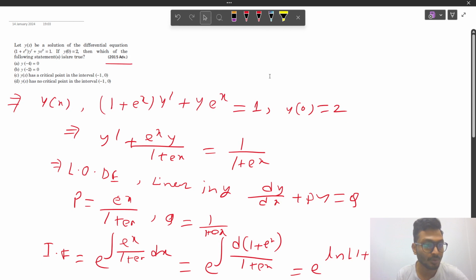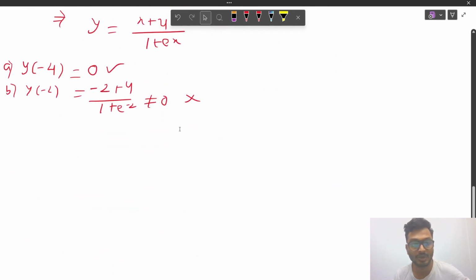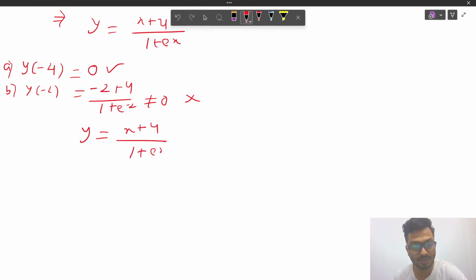Now we have to check whether y(x) has a critical point in the interval (-1, 0) or not. So we have y = (x + 4)/(1 + e^x).